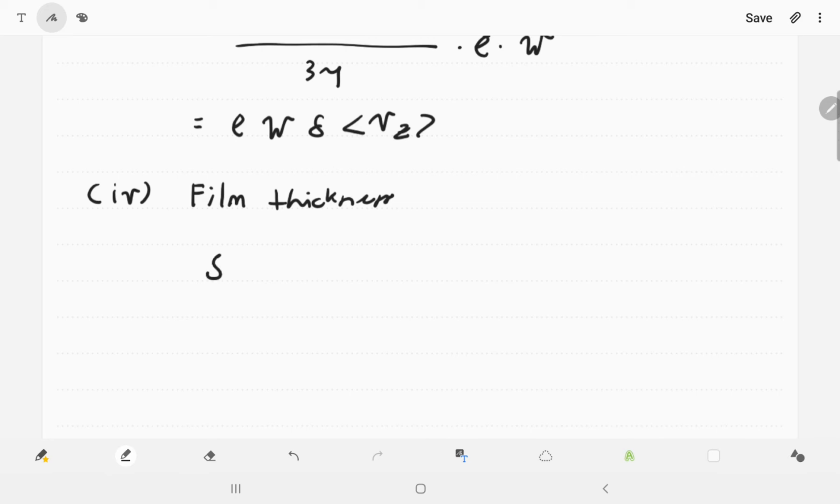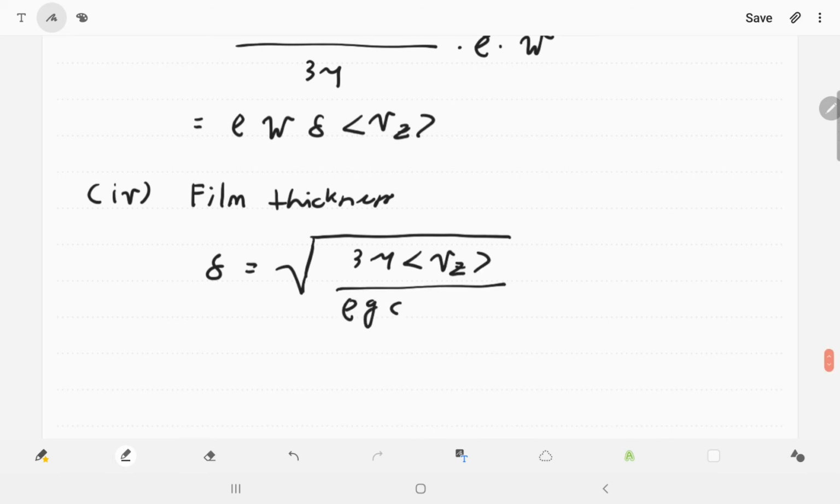You can also derive and know that your film thickness will be equal to the cube root of 3 mu Vz divided by rho g cos beta.